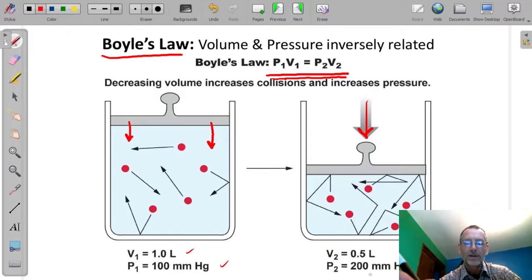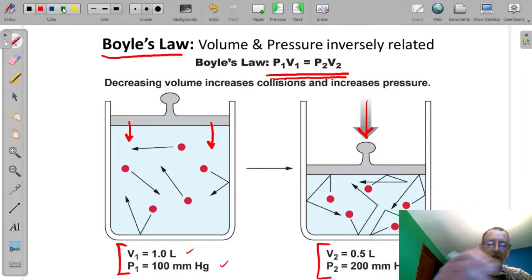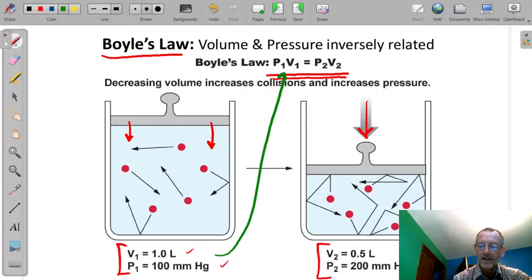You should be able to plug those numbers in. Here's V2 and P2, and V1 and P1. You should be able to plug those numbers into this equation and show that those two are in fact equal.